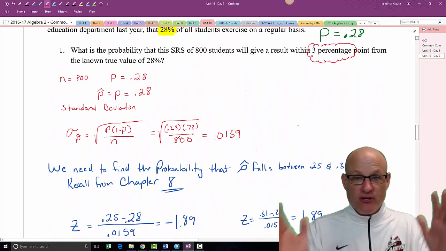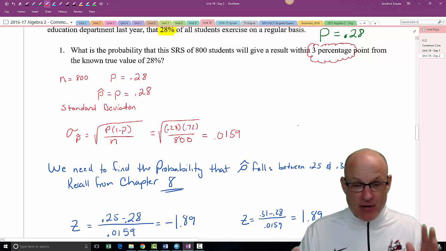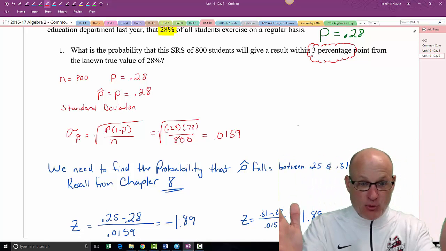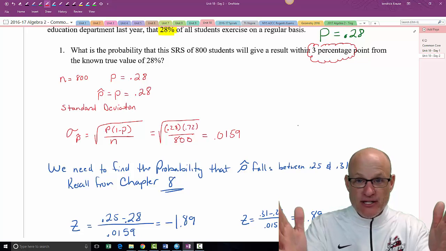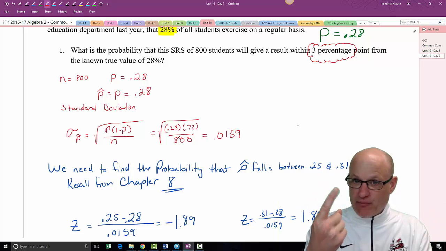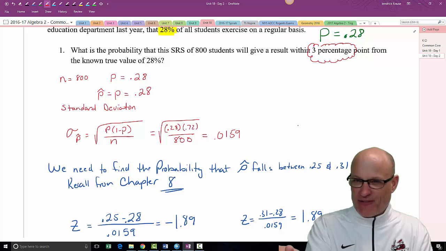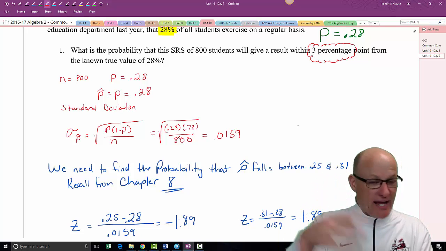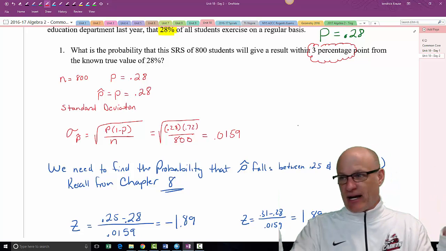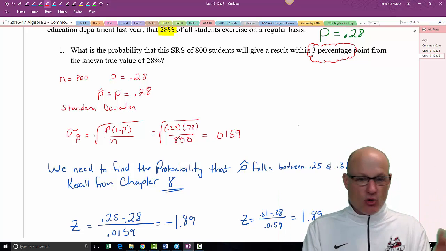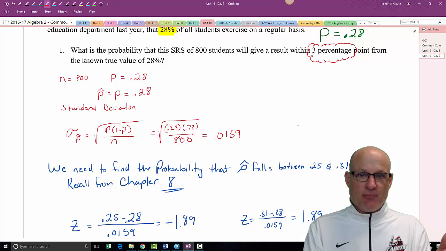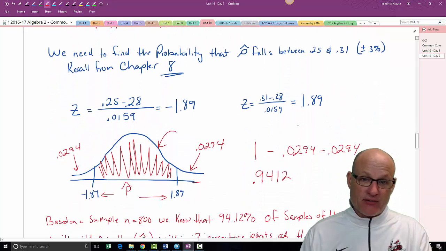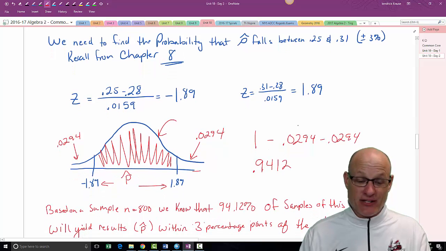In other words, whatever they came up with would be somewhere between 0.25 and 0.31. Now, about one person would have a number that was outside that. They might have gotten 32% or 33% or 24%. But the rest of us, 94% of us, would be within 3 percentage points. That's how confident we would be.